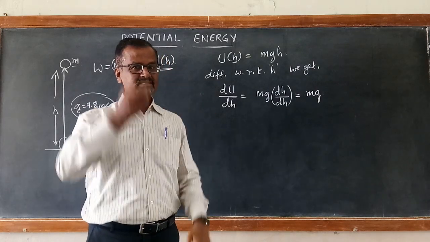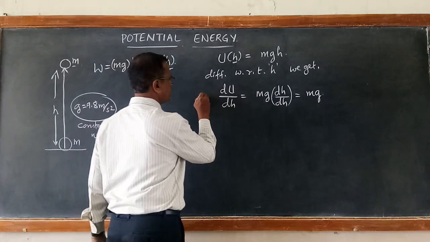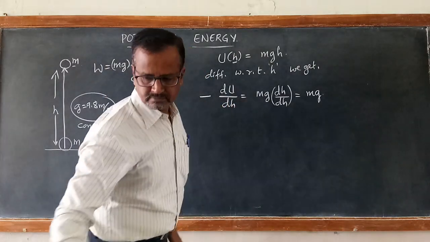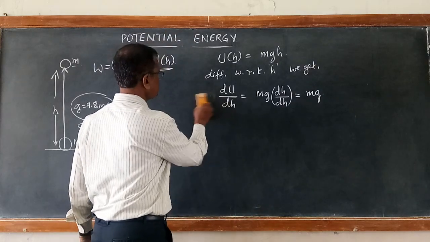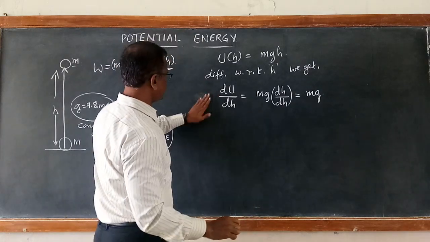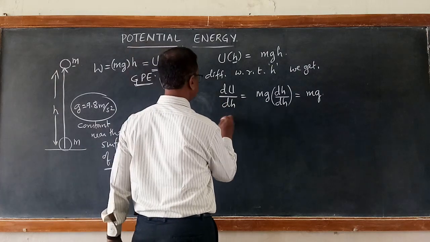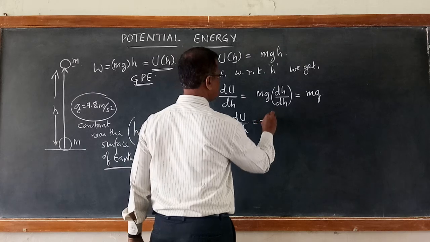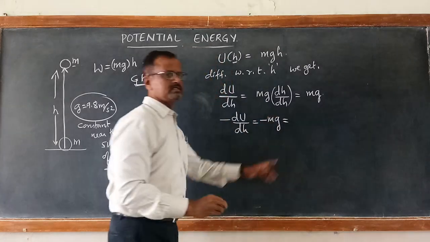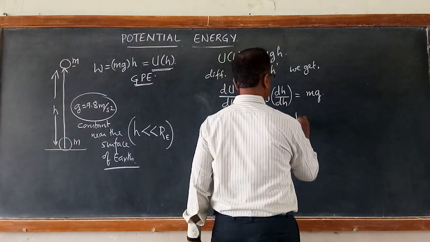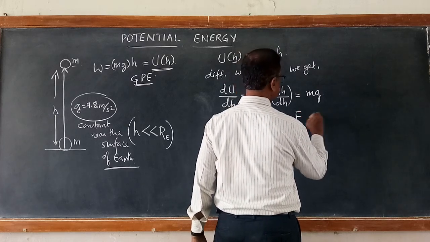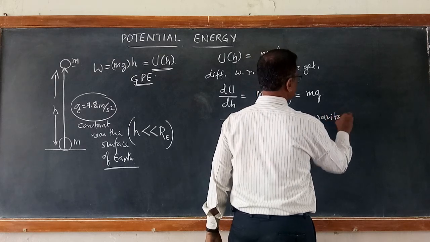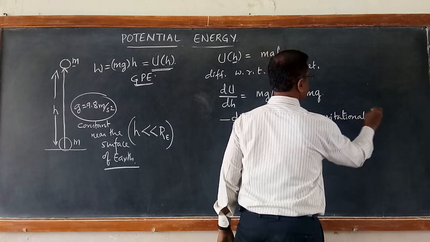But gravitational force is minus mg. Therefore, take negative differentiation, multiplying with a minus sign. We get minus dU by dh gives us minus mg. This minus mg is gravitational force. That is what we got as Fg, gravitational force.